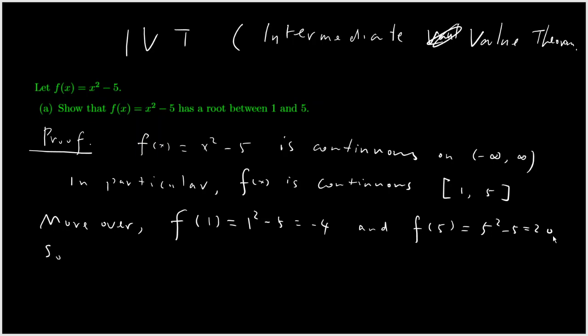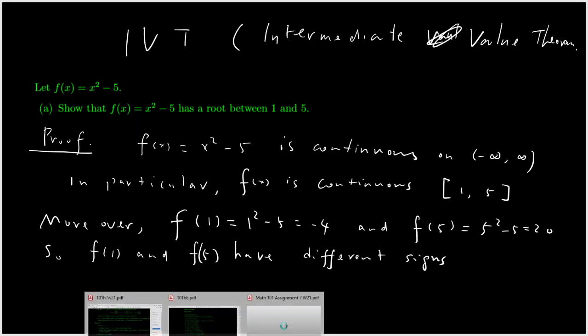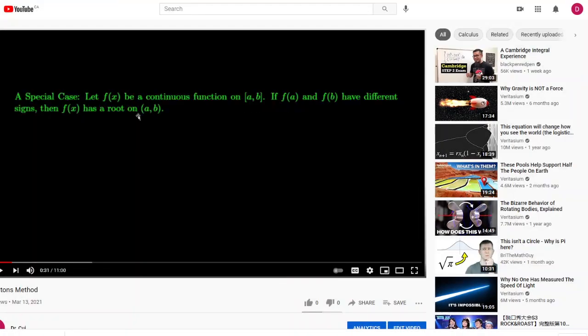So you say something like the value of the function at 1 and the value of the function at 5 have different signs. You see the two conditions of IVT are satisfied. So do you see you have two conditions?